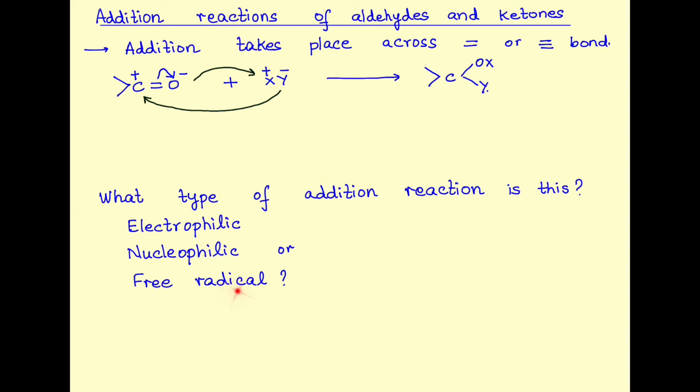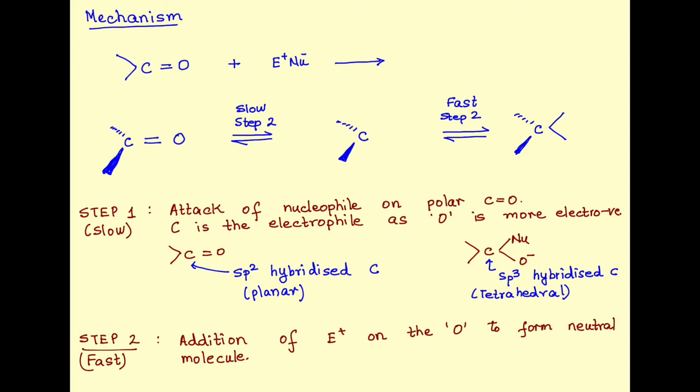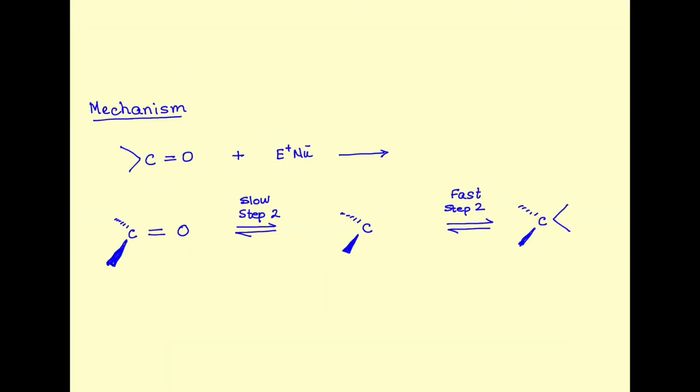So what do we need to do? We need to look at the mechanism of this reaction. When we look at the mechanism involving the addition of a neutral molecule, how have I depicted that neutral molecule made up of two parts, an electrophilic and a nucleophilic center? That's how I have tried to make it easy.